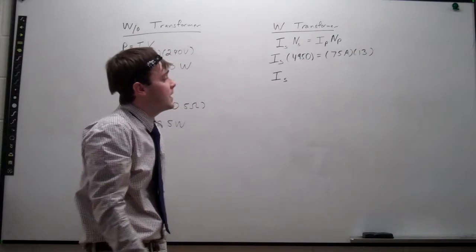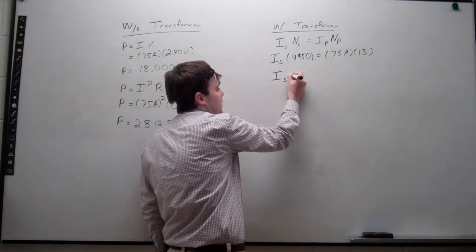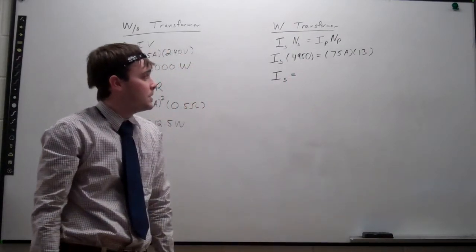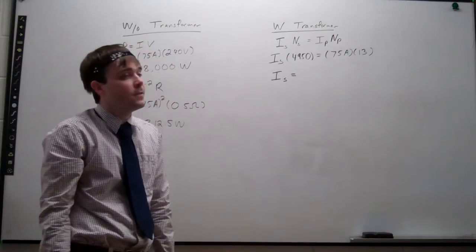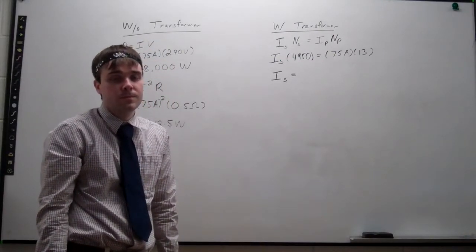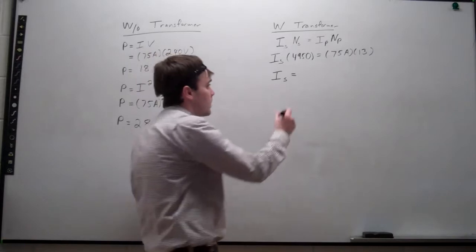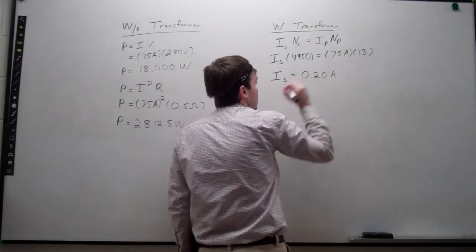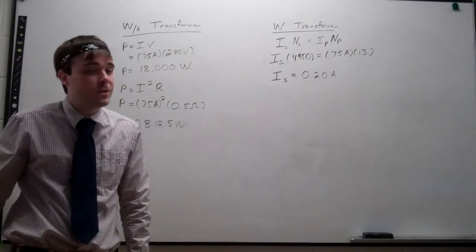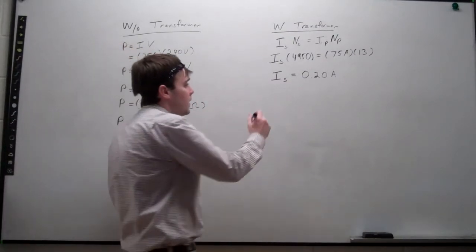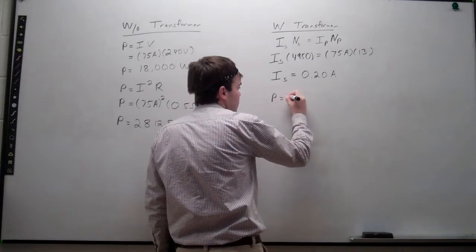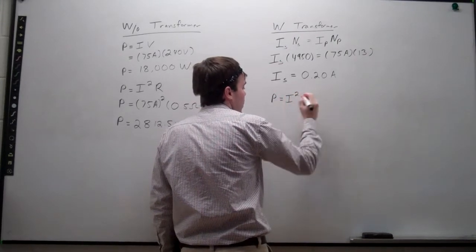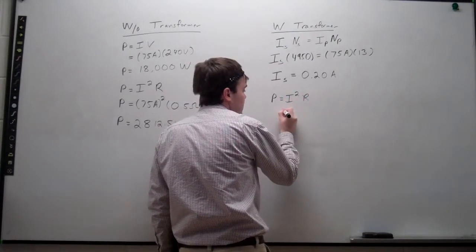So the current in the secondary equals 75 times 13 divided by 4,950. So it's going to be pretty small. 0.20 amps. And now we use P equals I squared R to find the power lost.